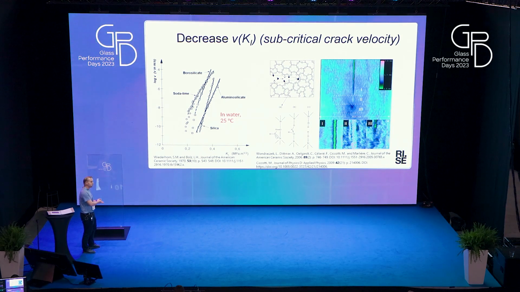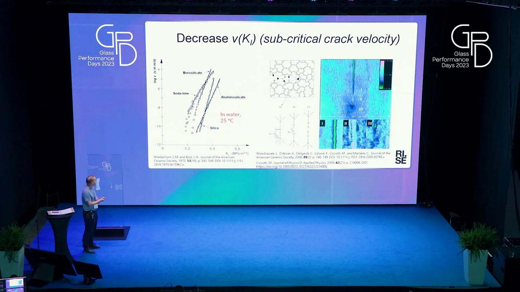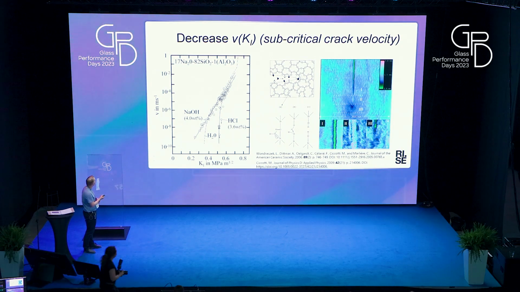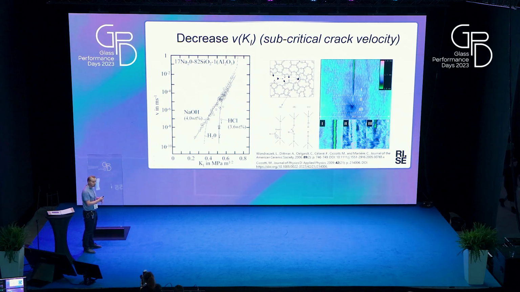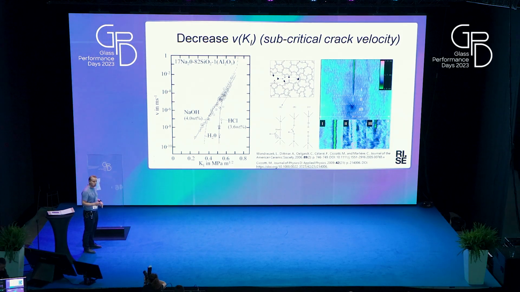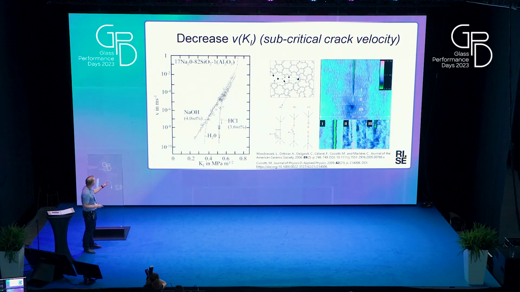And that's why you sometimes call it stress corrosion. And also the pH of the environment matters. So actually, the worst case would be to have a high pH, and then water is in the middle, that's a pH 7, and then lower pH is in fact better. So then the crack velocity starts to increase at a higher K1.